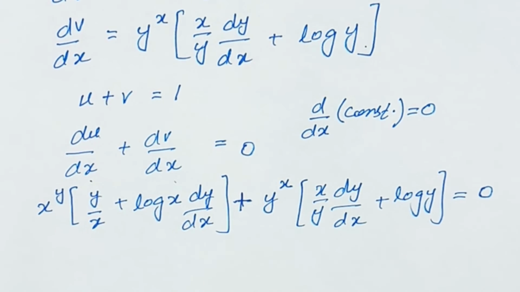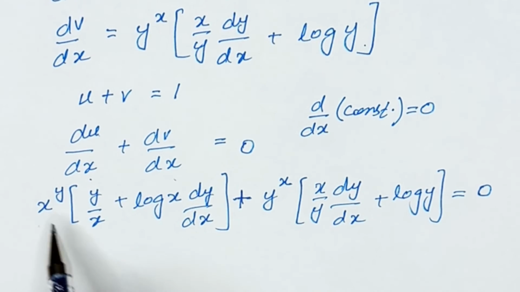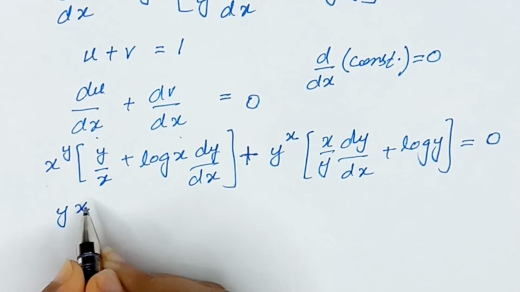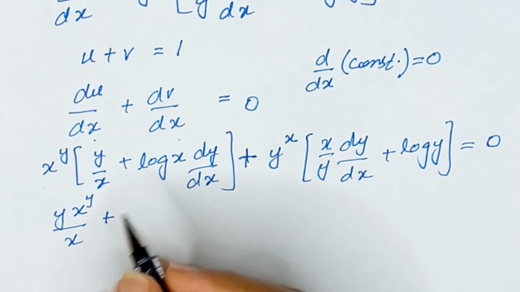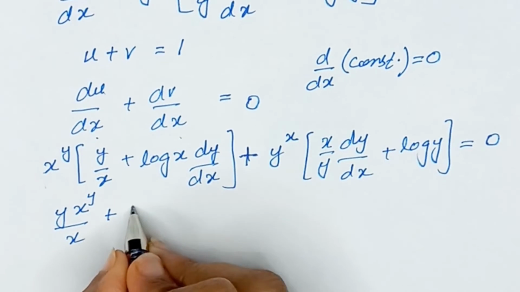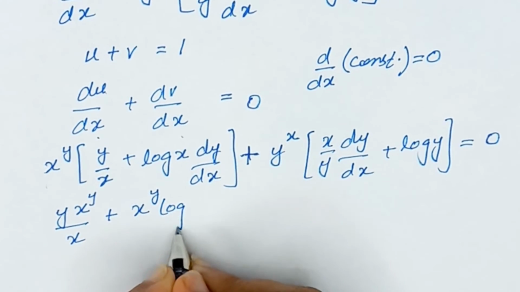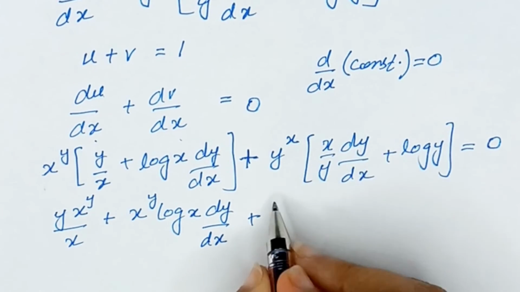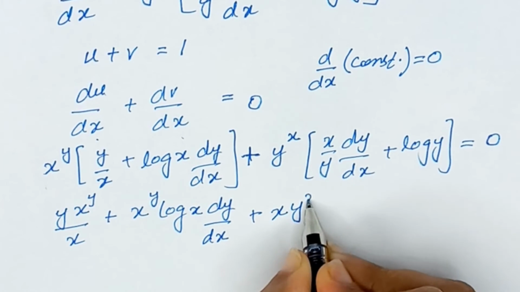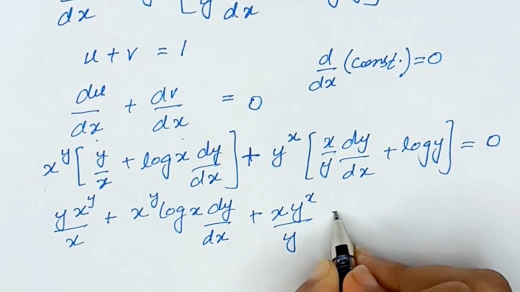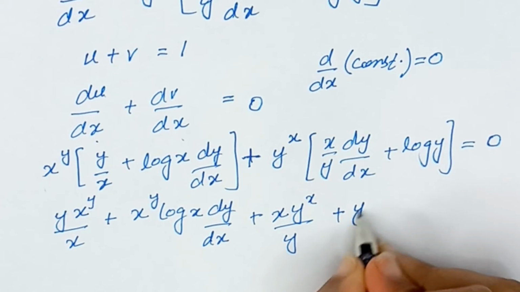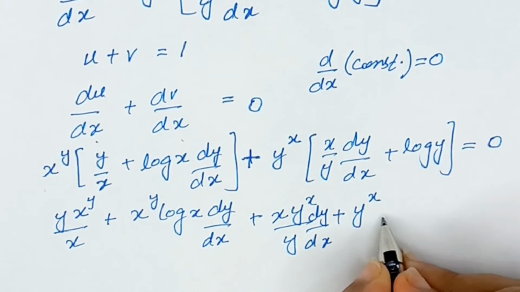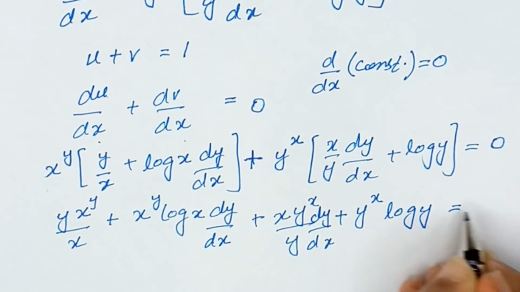Now we will multiply this x to the power y inside the bracket, so it will be equal to y times x to the power y divided by x plus x to the power y log of x dy divided by dx, plus it will become x times y to the power x divided by y dy by dx, also y to the power x times log of y, is equal to 0.